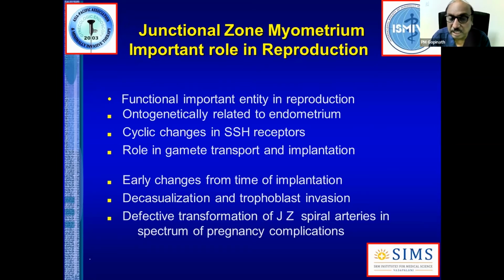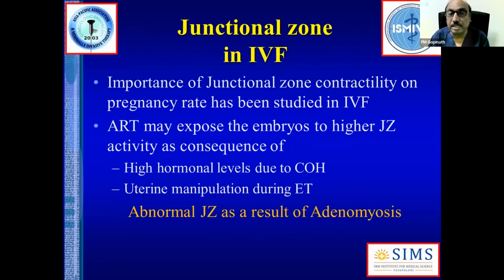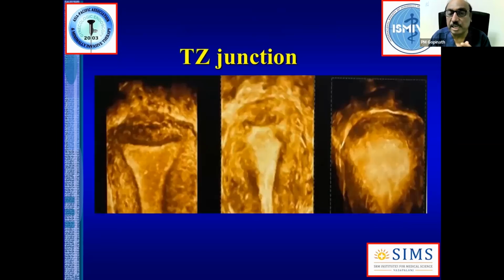If there is a defective transformation of the junctional zone spiral arteries, it can result in complications. So the junctional zone by itself is very important, and it exposes the embryos to higher junctional zone activity as a consequence of high hormonal levels due to controlled ovarian hyperstimulation and uterine manipulations during the IVF. So if there is an abnormality of the junctional zone as a result of adenomyosis, the implantation definitely comes down.